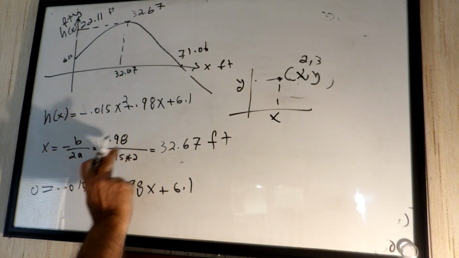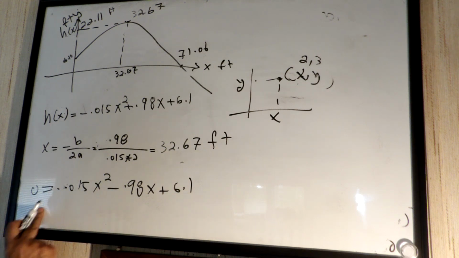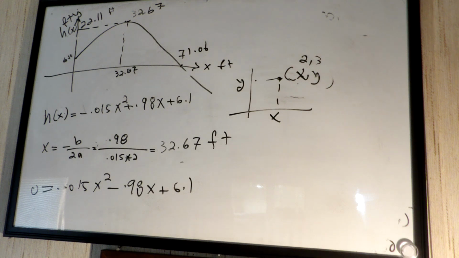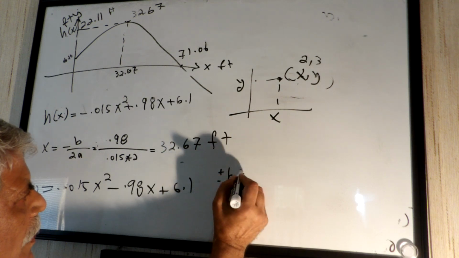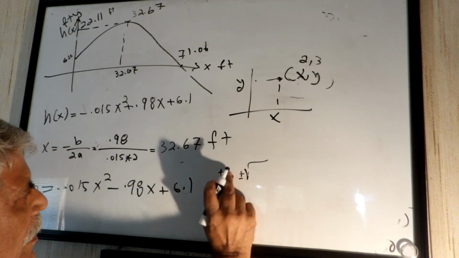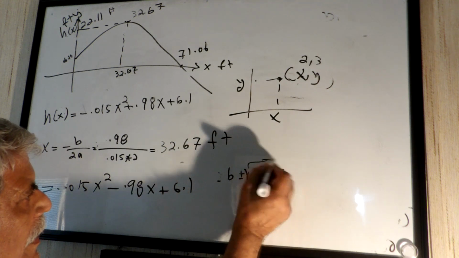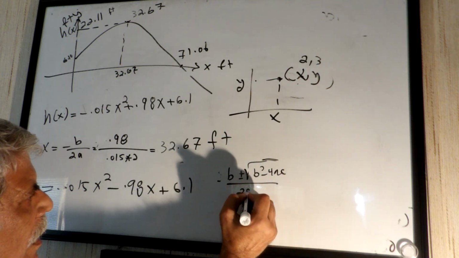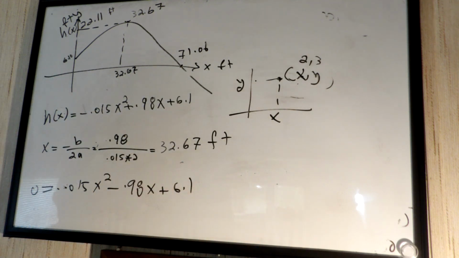If you set it to 0, you can solve this equation using the general quadratic formula, minus b plus or minus the square root of b squared minus 4ac, over 2a.